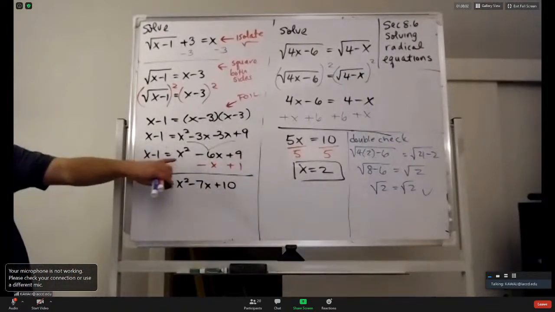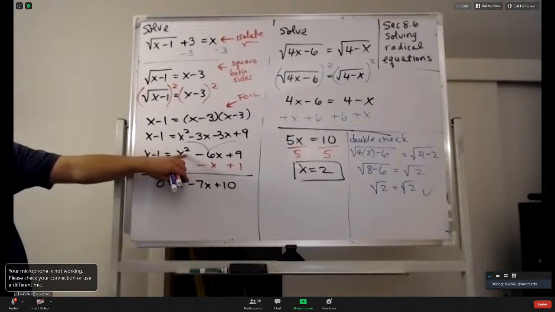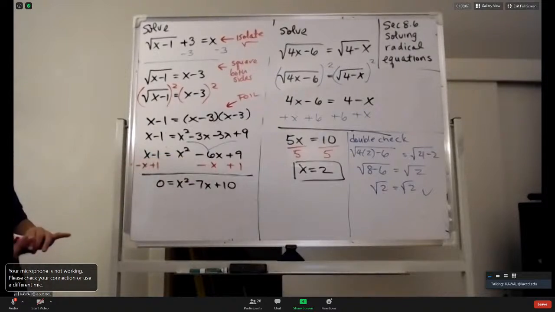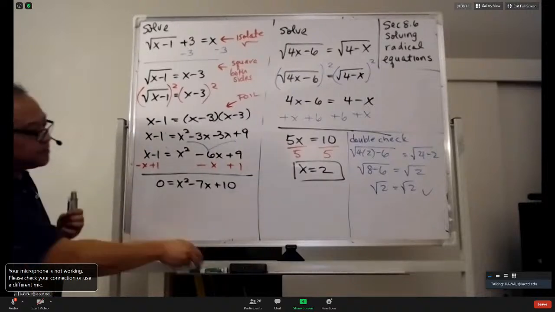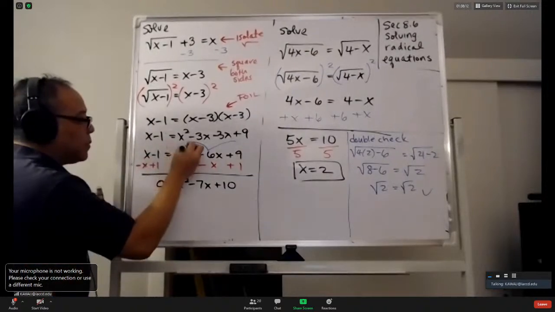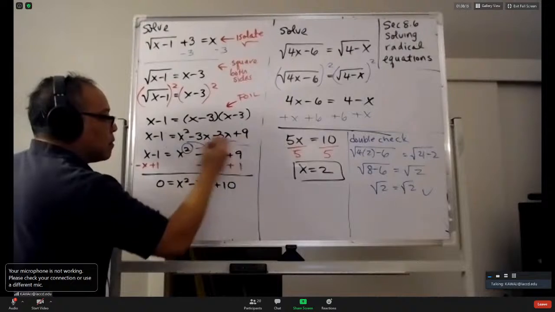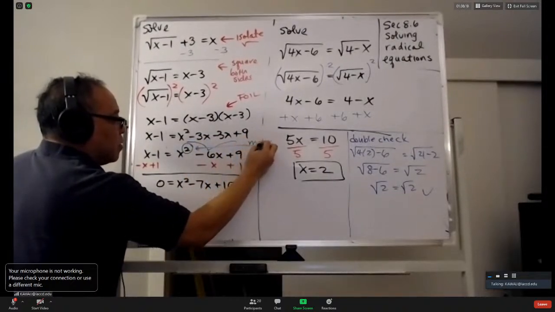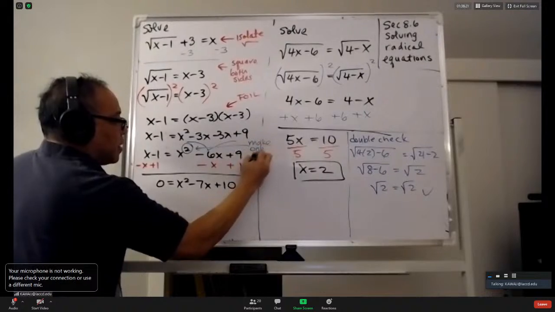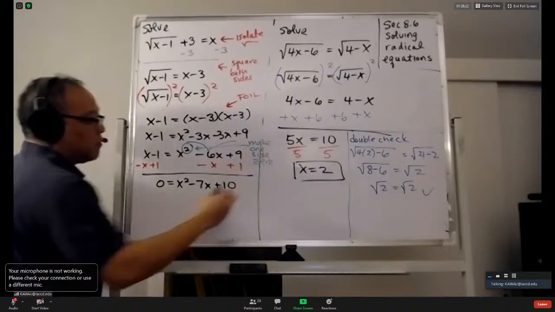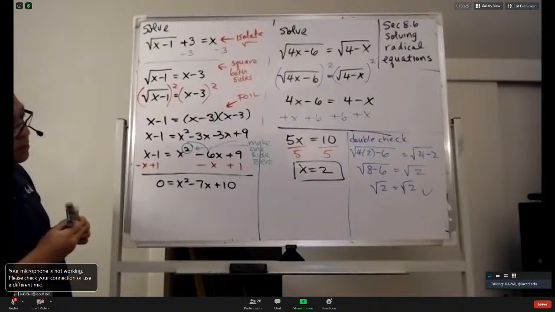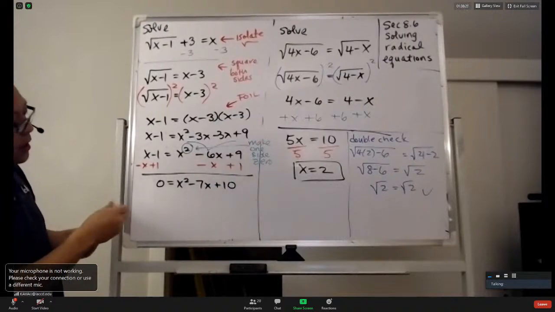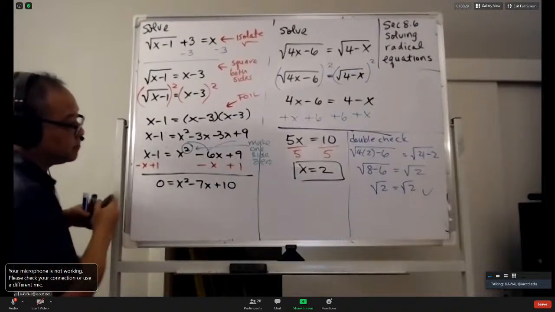Now, because I have a square, what you want to do is make one side equal to 0 and then factor.